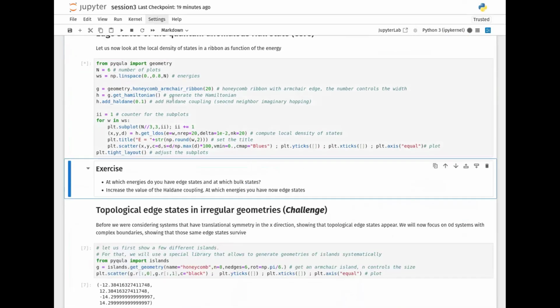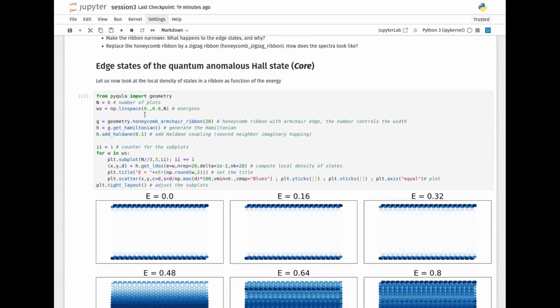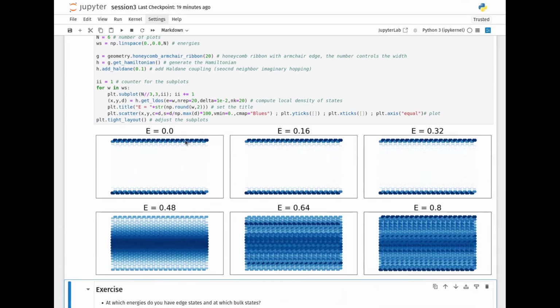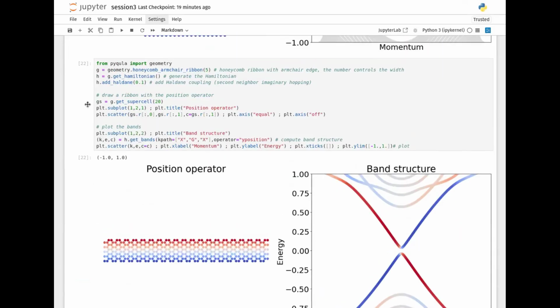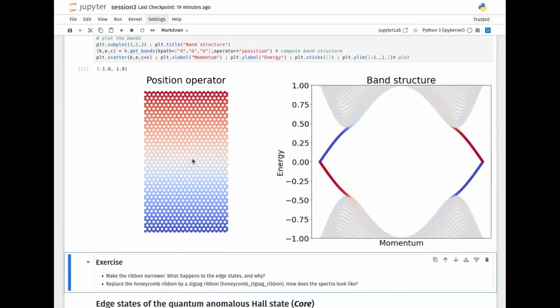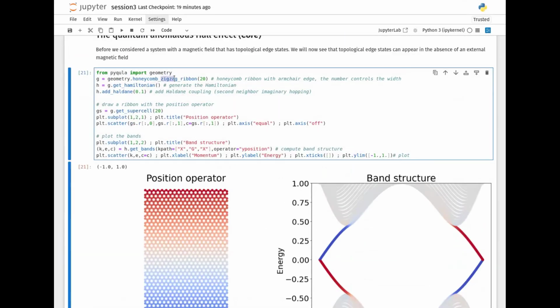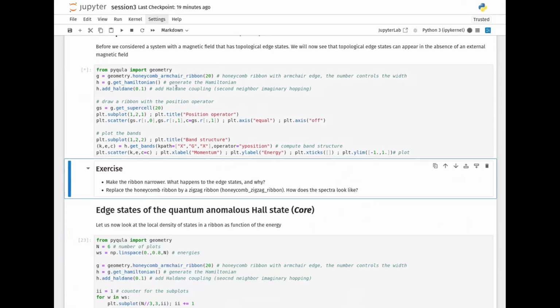So we are going to take, just as a starting point, 6 different energies and a ribbon that has a width of 20. And we can try to compare these states with the actual electronic structure. For that, we can go back to our previous example, use again our armchair ribbon, and compare with the electronic structure.